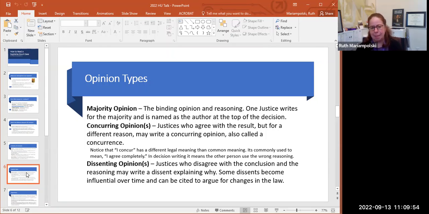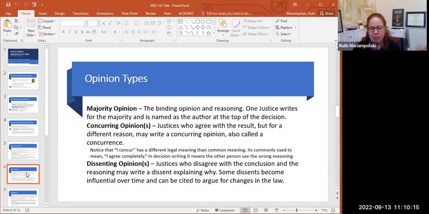Concurring opinions are written by justices who agree with the ultimate conclusion, but for a different reason. They may write their own concurring opinion, which is called a concurrence. And I will highlight here, again, from a vocabulary perspective, that I concur has a different legal meaning than common meaning.